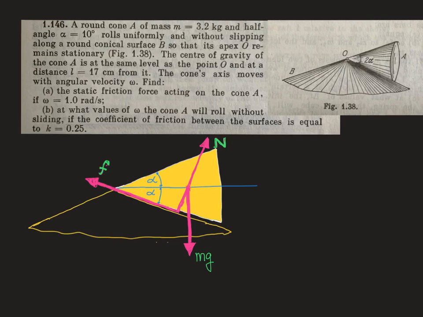And if you look at this center of mass of the cone, this is having an acceleration towards the center of the circle, as the center of mass of the cone is in a circular path, and the axis of rotation is this vertical one.